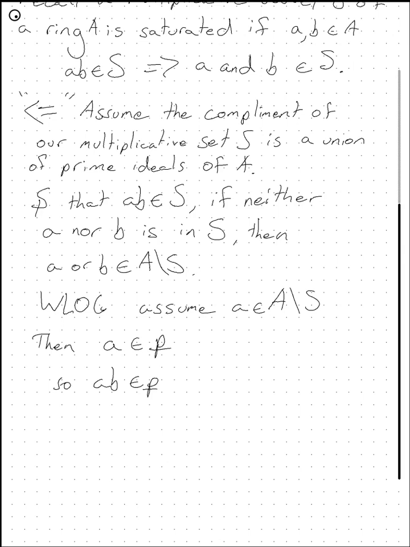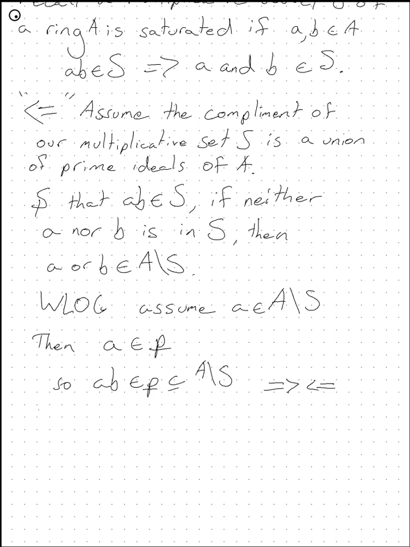But this would mean, well, P is contained in the complement, so that AB is contained in the complement, which is a contradiction, since by assumption AB is in S here.